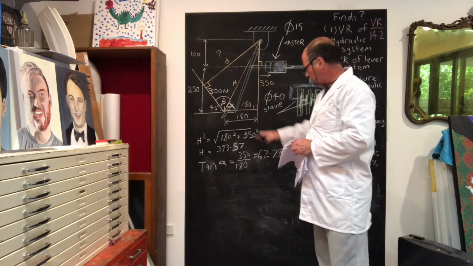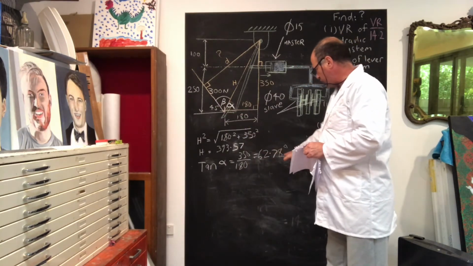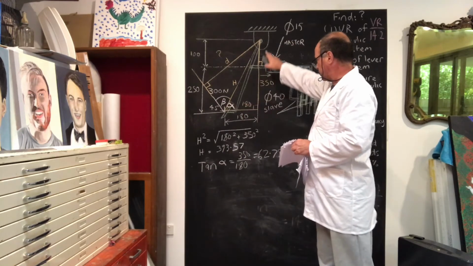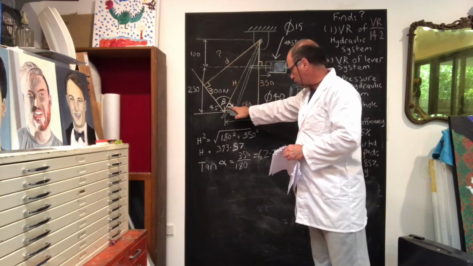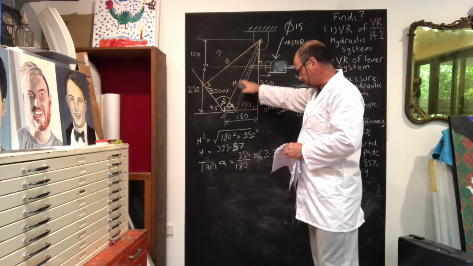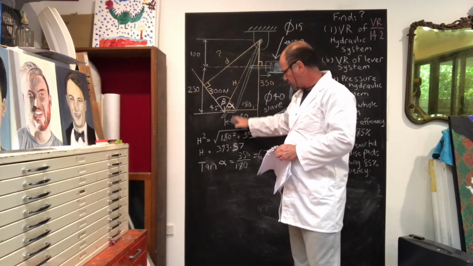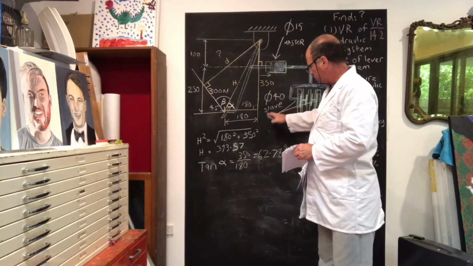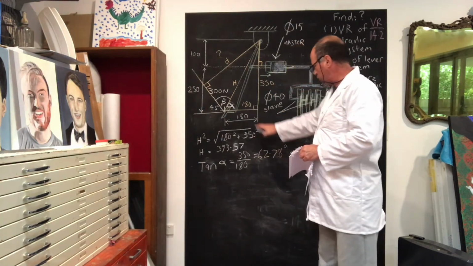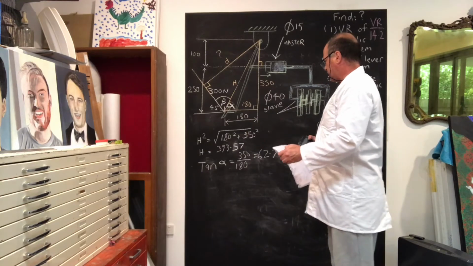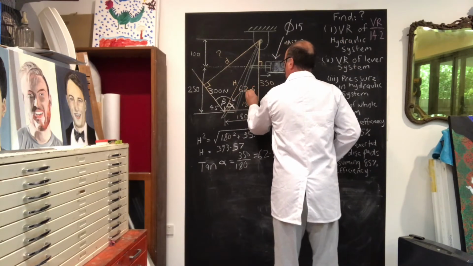But we can work out this angle, because now that I know my hypotenuse, I can use tan of this angle we don't know, alpha, and I can say it's the opposite over adjacent, okay, tan, 350 over 180 gets me to understanding that this angle here, alpha, is 62.8, okay?